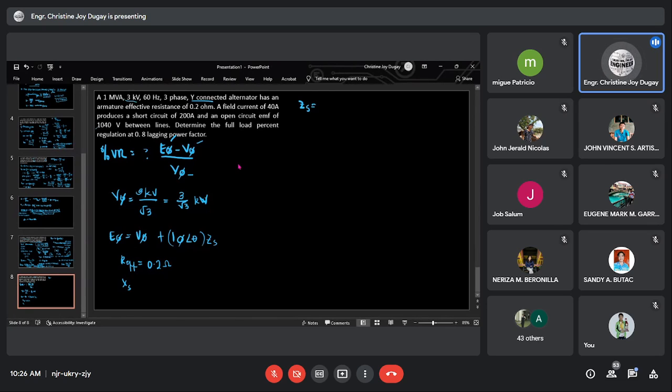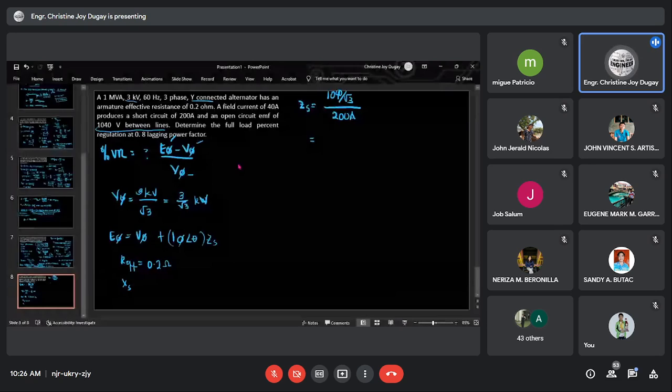From this one, open circuit 1040 between lines, so ibig sabihin naka-line to line voltage yan. So ang gagawin natin, you're just going to get the per phase value. So 1040, divide nyo siya ng square root of 3, and then divide natin sa current which is 200 ampere. So ngayon, ano ang value ni JS natin?